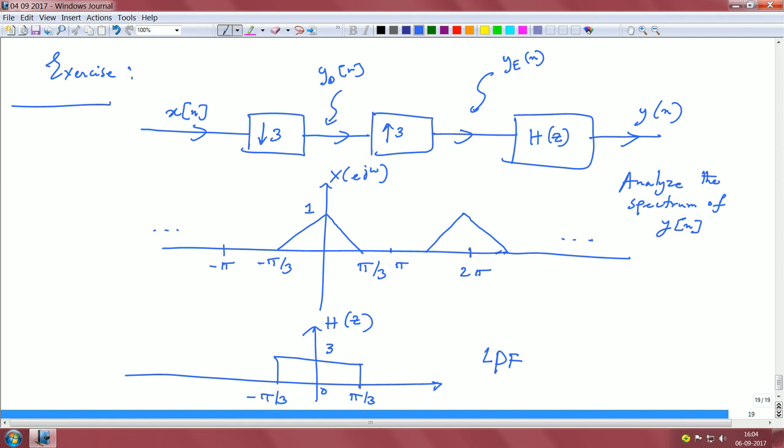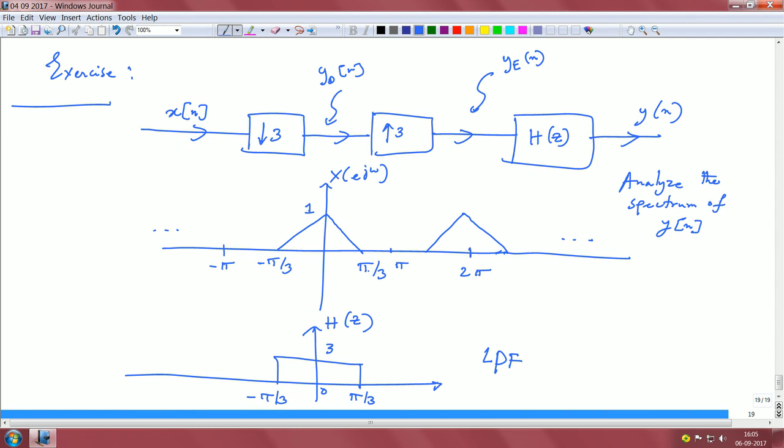So, I think three important concepts are covered here. One, what is happening after downsampling. You have to understand that there are multiple operations happening. The base spectrum that you have here would be stretched, and there will be shifted copies.